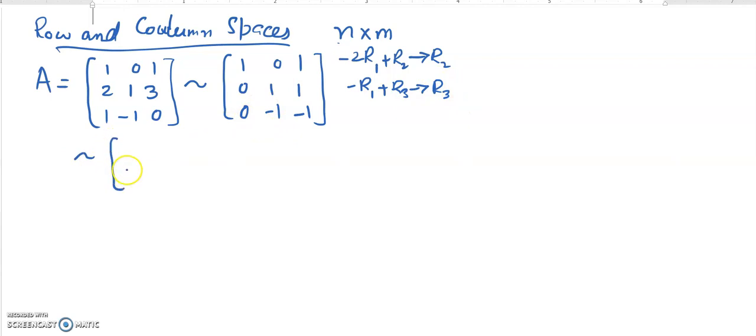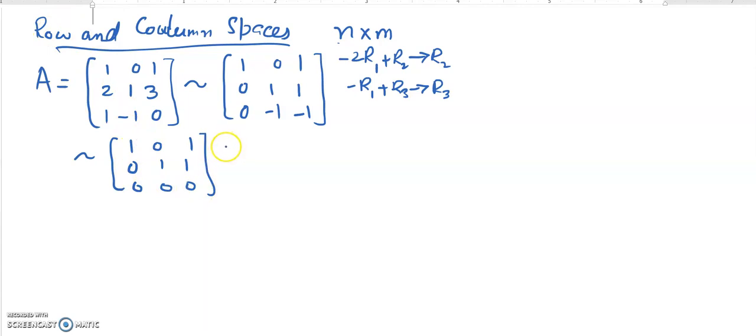Now we have 1 0 1, and then 0 1 1, and we can add these two rows to get 0 0 0. We have chosen a matrix in such a way that the last row becomes 0, although it's not necessary, just for this illustration.